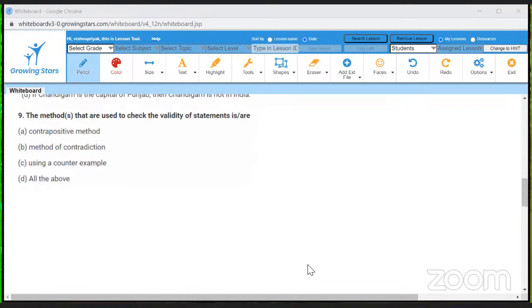Purvi said B. Purvi, are you simply giving the answer, or are you really understanding and giving the answer? Kumar is also saying B.